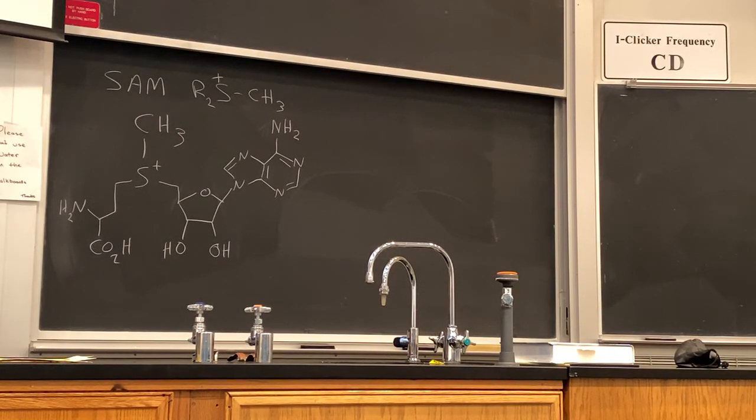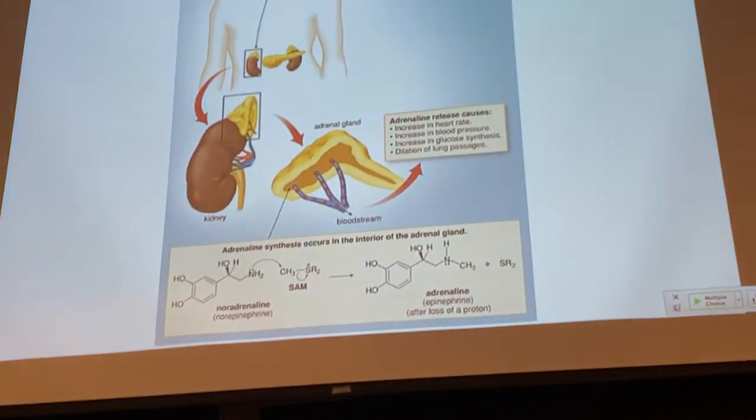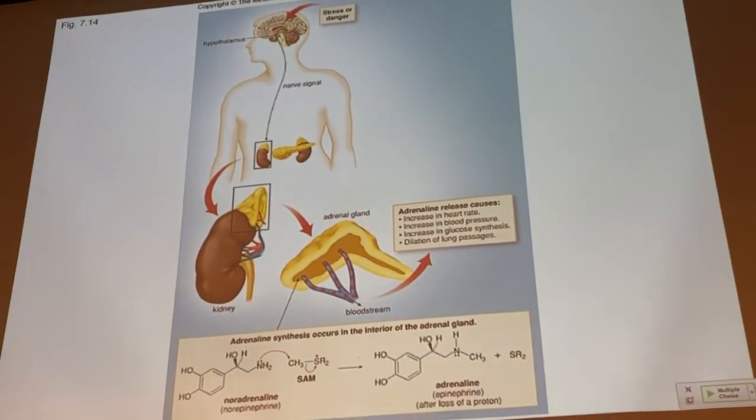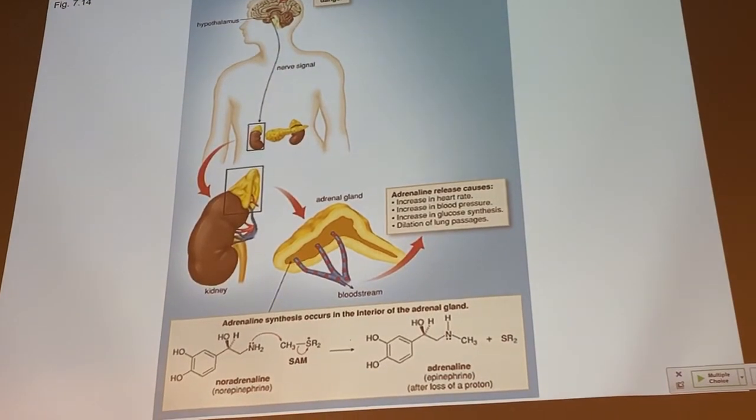Okay? So this figure here is not very high resolution, but it's in your book, so you can take a look at it. This shows you a reaction that occurs in your body anytime you get scared. The fight or flight mechanism is initiated by formation of adrenaline. Adrenaline just has one more methyl group than noradrenaline, or its precursor.